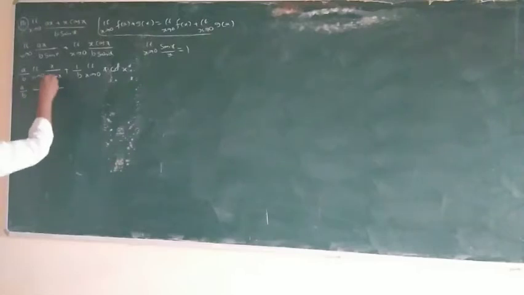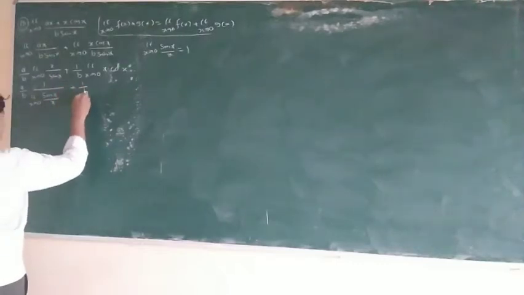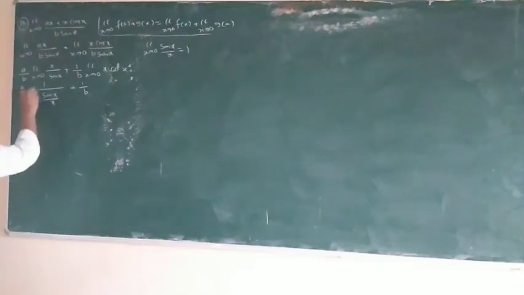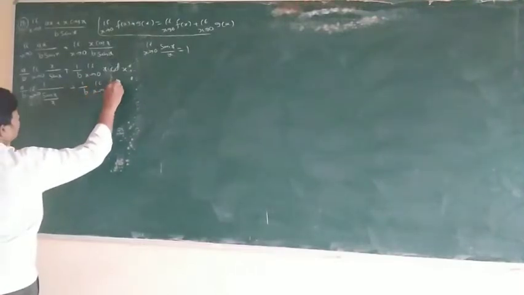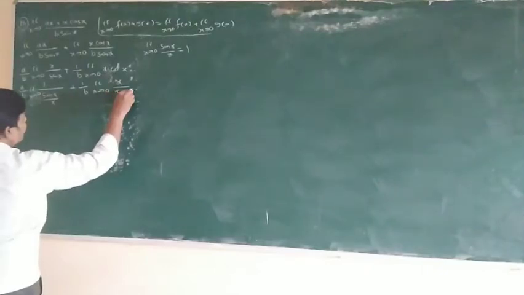So this is a by b into limit 1 by (sin x by x), reversed, limit x tends to 0, plus 1 by b into limit x tends to 0 of x by cot x, which is equal to 1 by tan x by x.